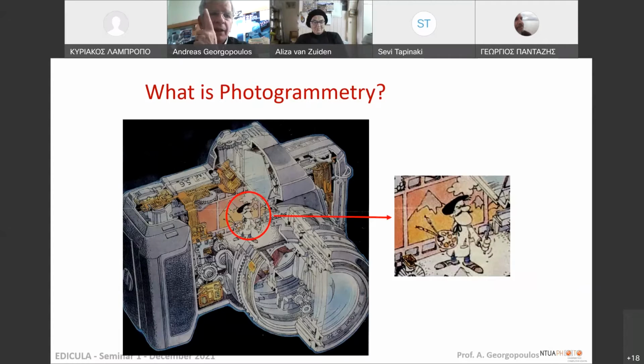So it means that we have to take proper images, and he's imaging what he can see through the lens, but he's also measuring. You see that he's measuring. So we measure suitably collected images. Okay, so this tells almost everything about what photogrammetry is.